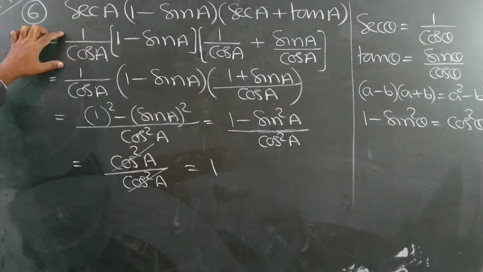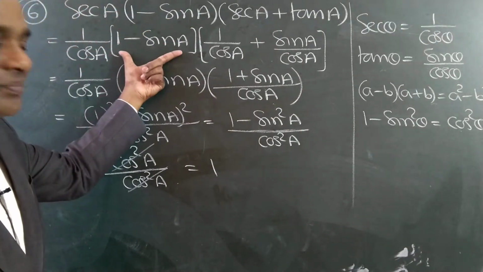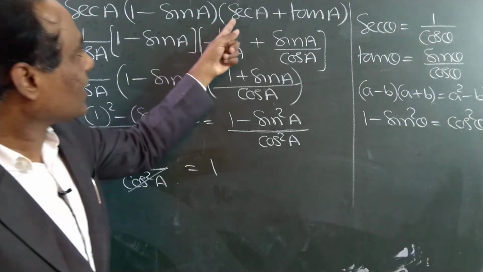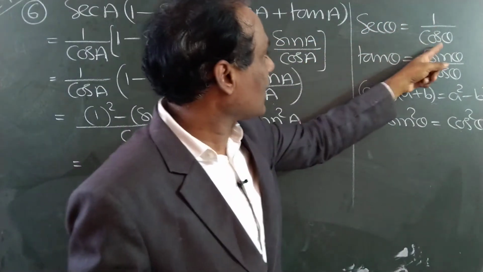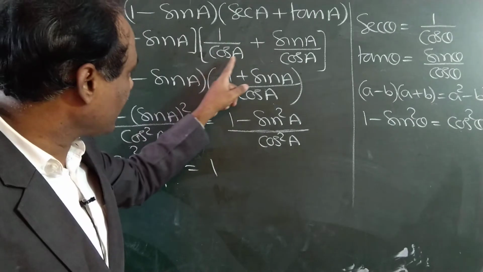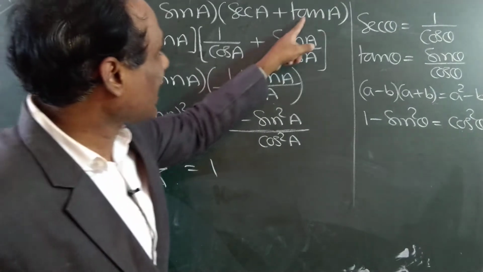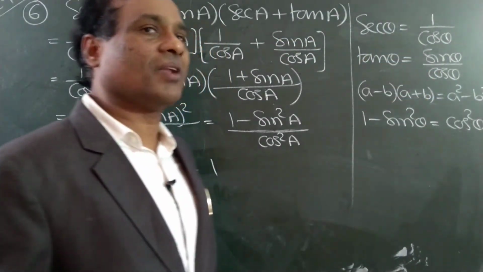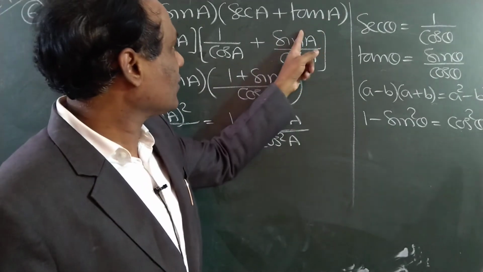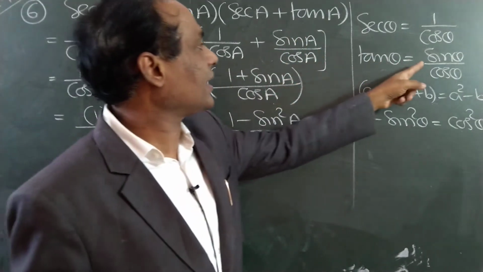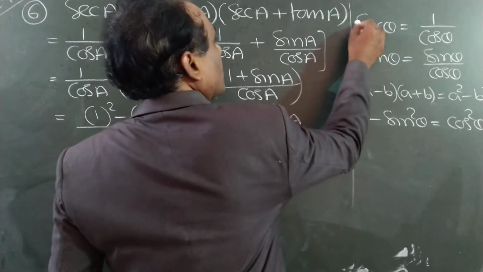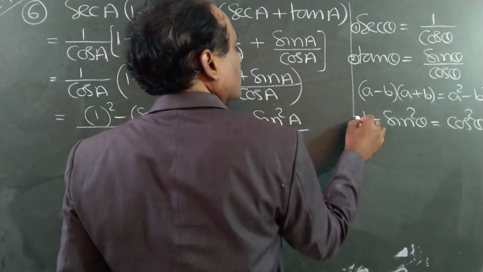Here also secant is equal to 1 by cos. Plus tan is equal to sin by cos. Tan theta is equal to sin theta by cos theta. That is the second formula.